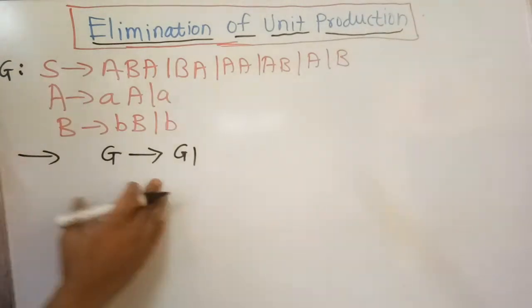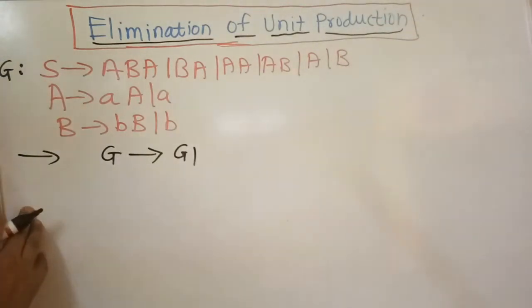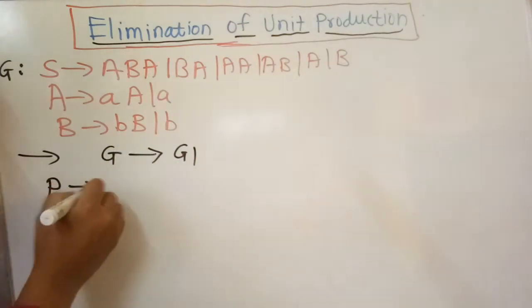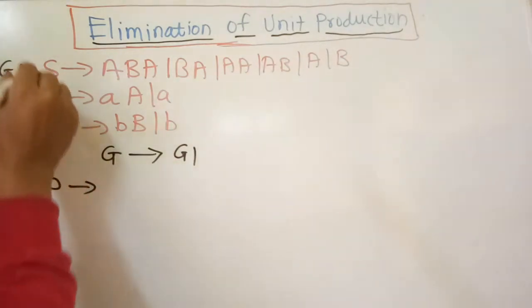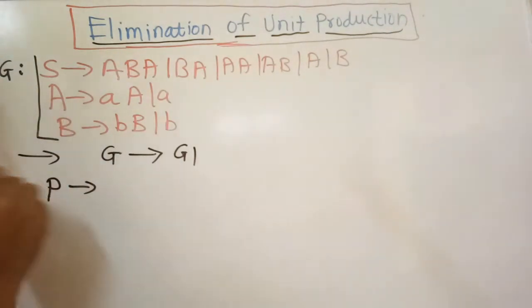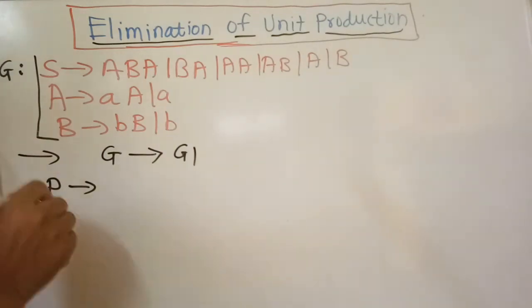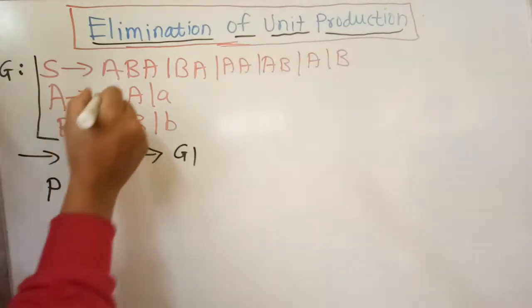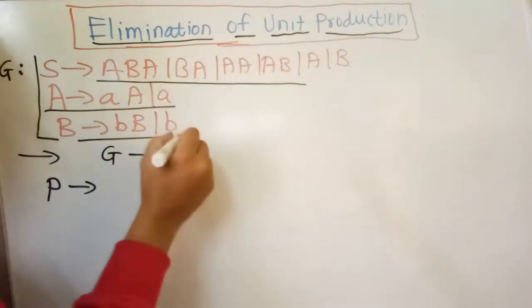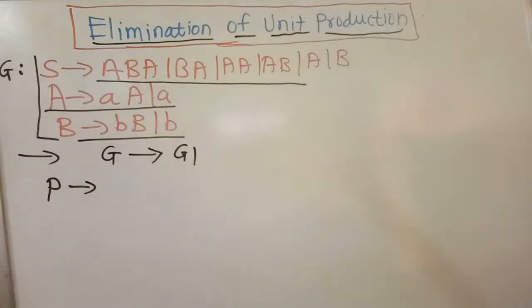First of all, the first step is we have to add to G1, having the production set P, all such grammar rules of G that are non-unit productions. Non-unit productions are only this part up till here. What is the part which shows us the unit production?